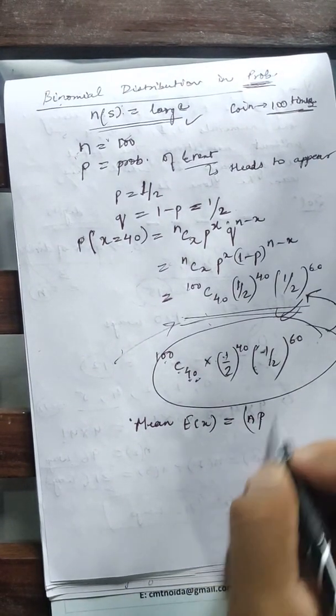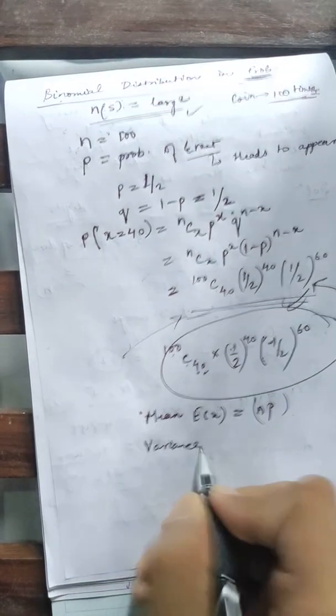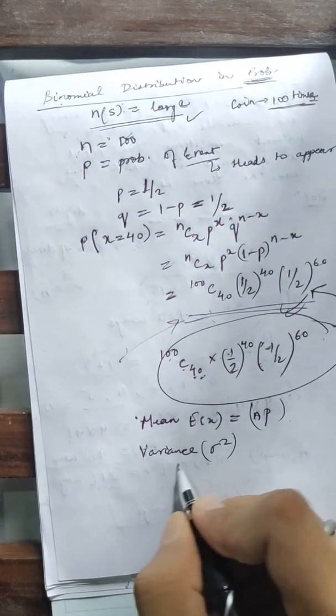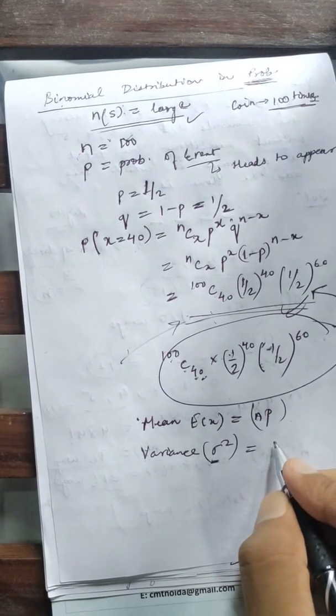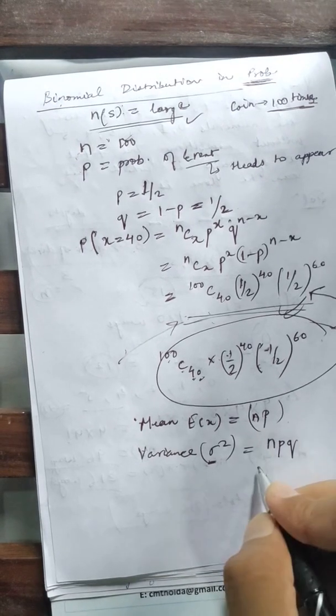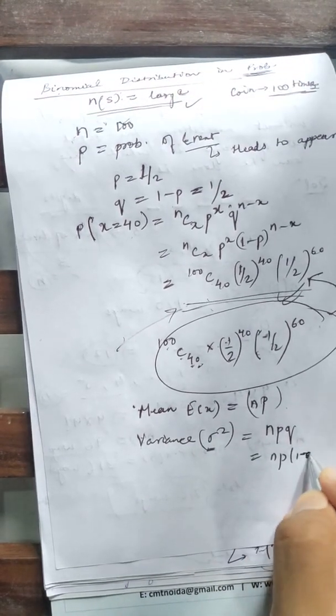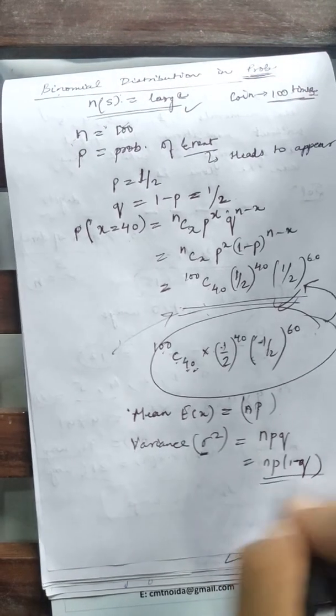This is important to know. And the variance, that is sigma square, the square of the standard deviation, is given by npq, or np into 1 minus p. This is what I want you to remember, because this is used in various types of questions.